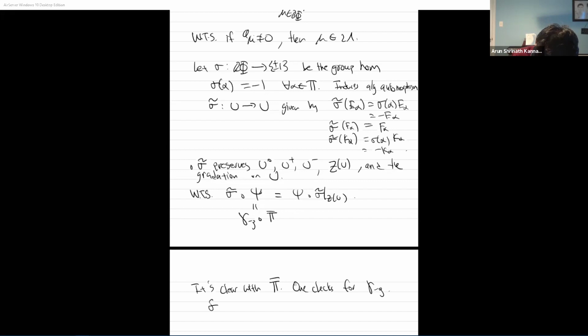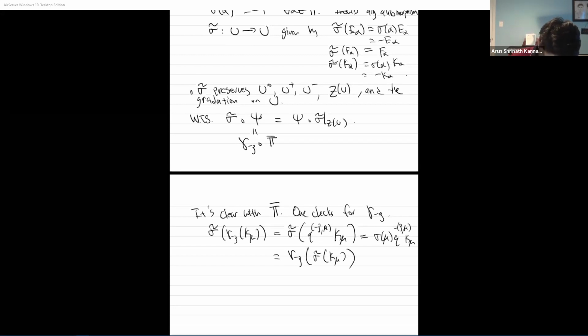So you get sigma twiddle of gamma minus rho of k mu is equal to sigma twiddle of q to the minus rho mu k mu, which is equal to sigma of mu q to the minus rho mu k mu, and then this is precisely gamma minus rho of sigma twiddle of k mu. So we get this commutativity here.